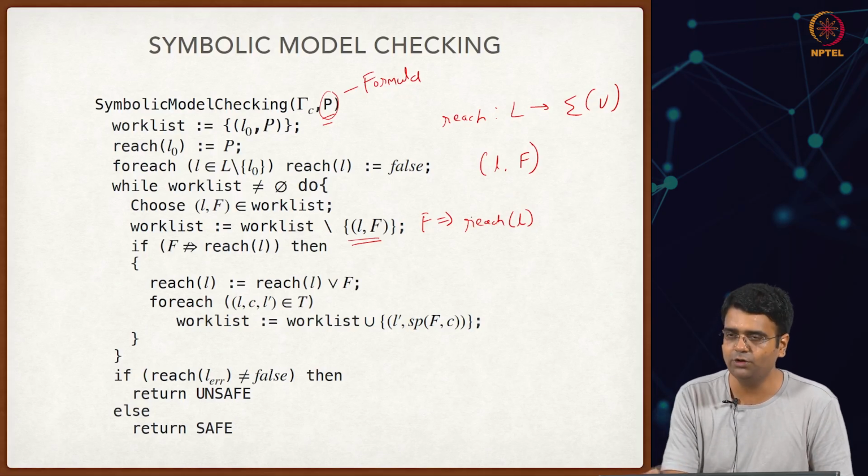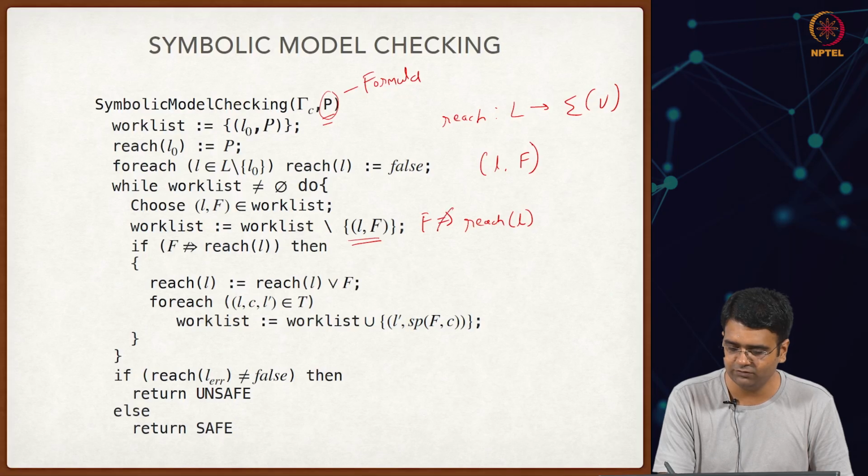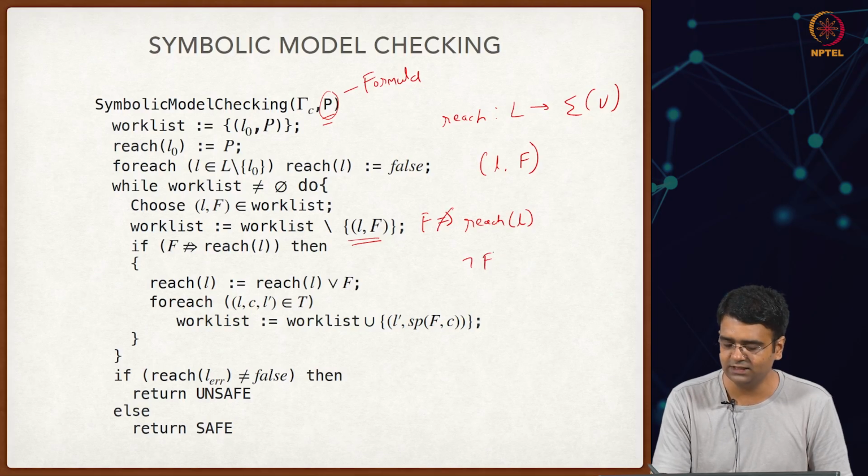So then we do not need to do anything, but if F does not imply reach L, it means that F and not reach L is satisfiable.